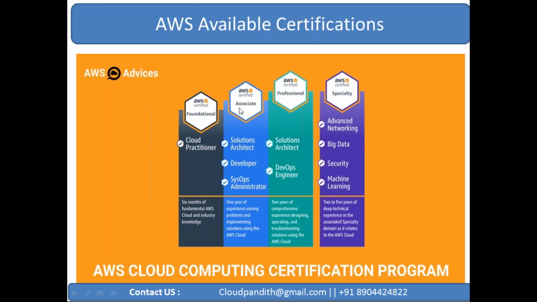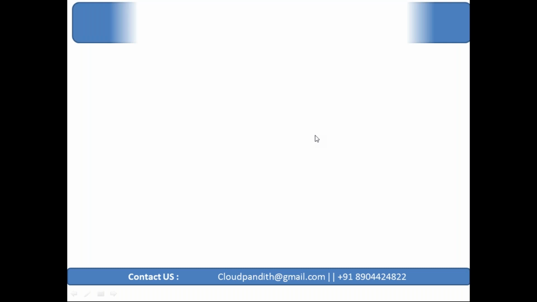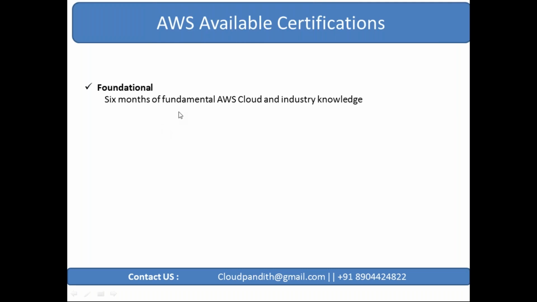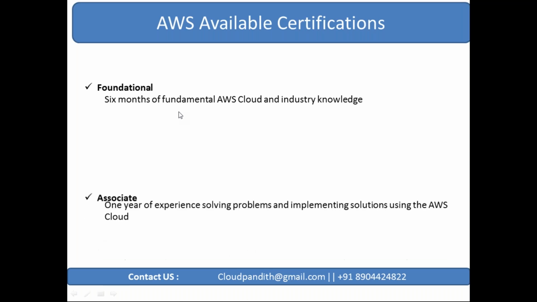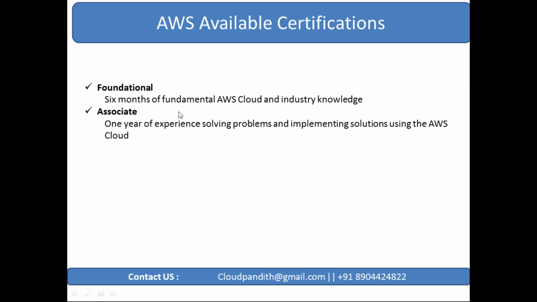This is the basic, this is the associate level, this is professional, this is specialty. Let's see what exactly foundation means. If you have learned AWS for about 6 months and want to check your knowledge, you can write the basic Cloud Practitioner exam. Next, associate: if you have 1 year of experience, know basic problem solving, and have basic knowledge of developing AWS services and implementing solutions, you can go with the associate.